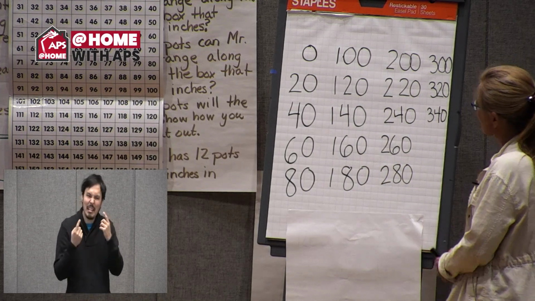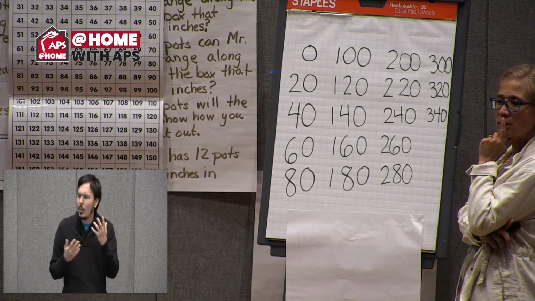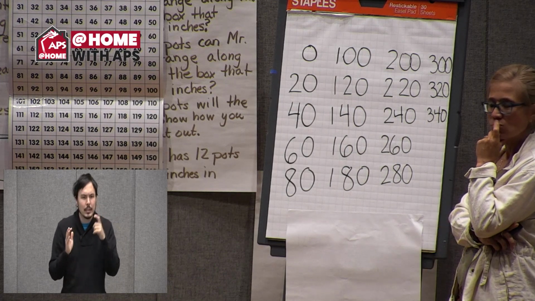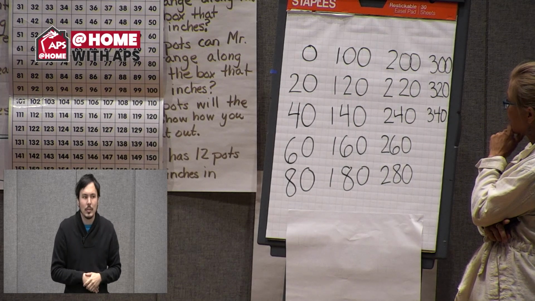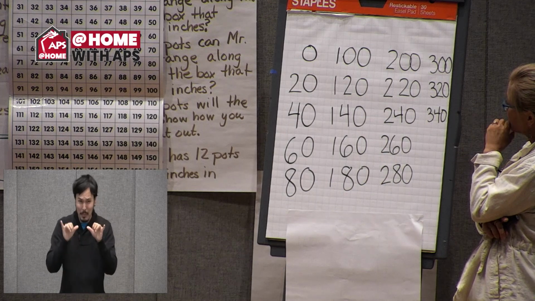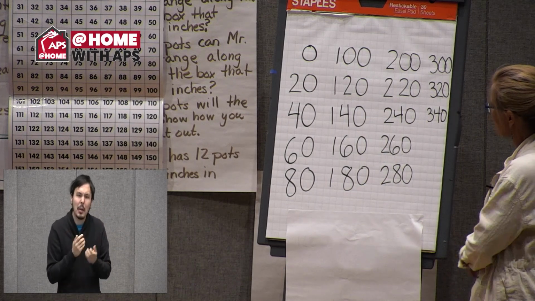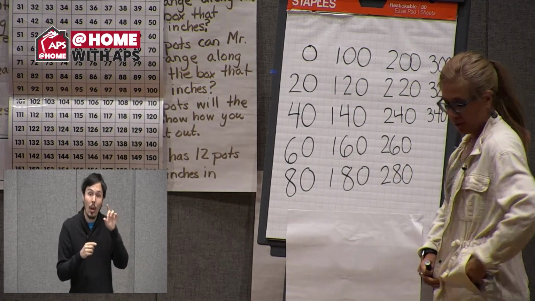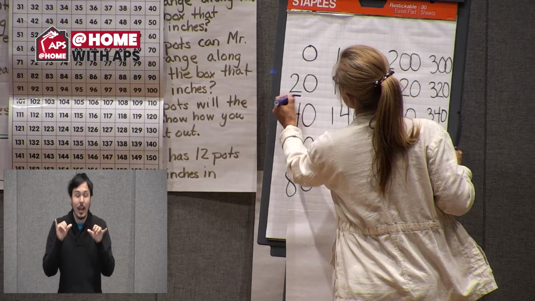We're going to do some thinking about some of these patterns. Look at those numbers and see what patterns you see. Do you see any patterns in the way the tens are changing or what's happening in the hundreds place? The first pattern that I hear you talking about is this right here.